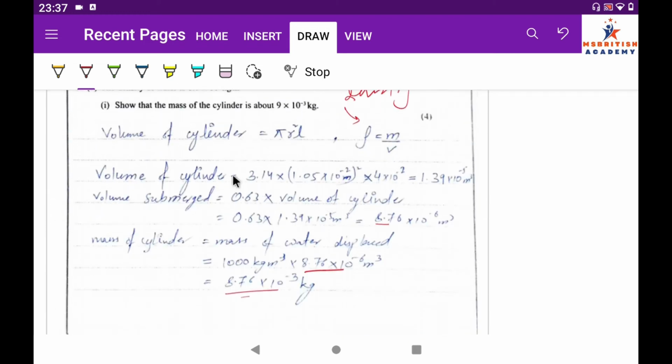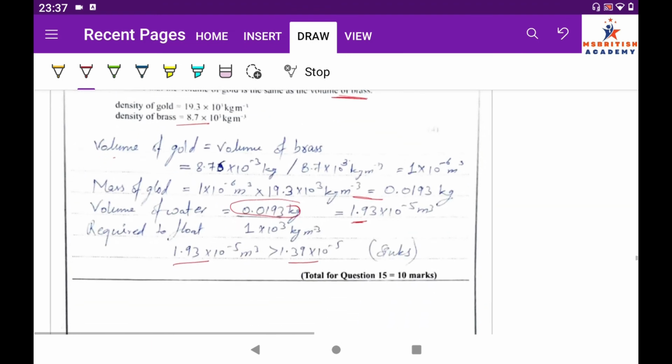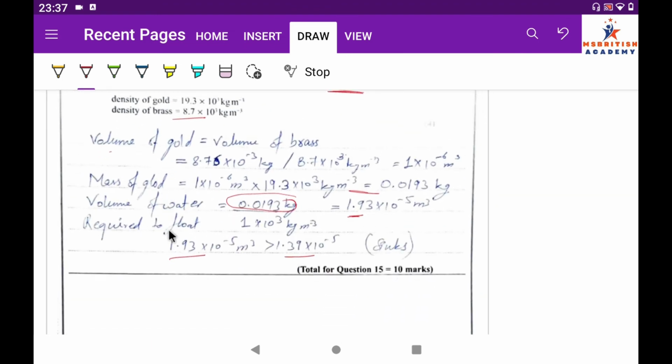The volume of cylinder is this, because we assume that the volume of cylinder and volume of gold are the same. But what we required to float, the volume of water required, is much higher than this, so it will sink. It will not float, it will sink.